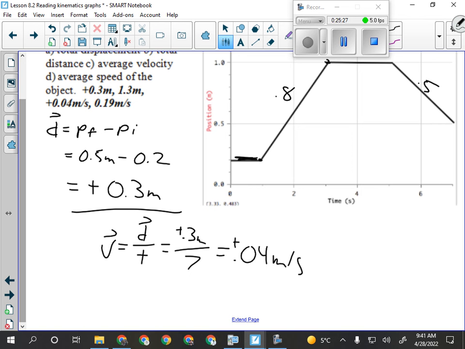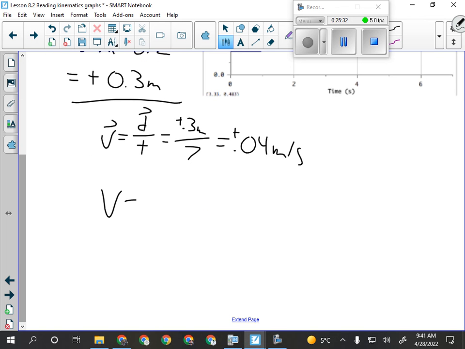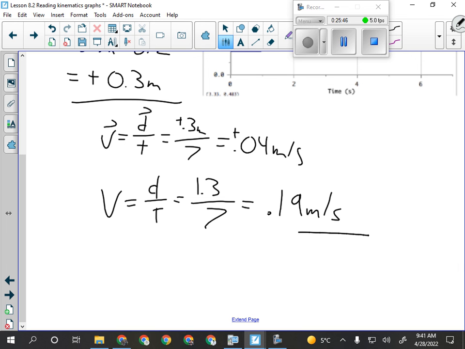And then for speed, speed is total distance divided by total time, 1.3 meters divided by 7 seconds, and that comes out to 1.19 meters per second. Okay, no direction needed on the speed because speed is scalar.